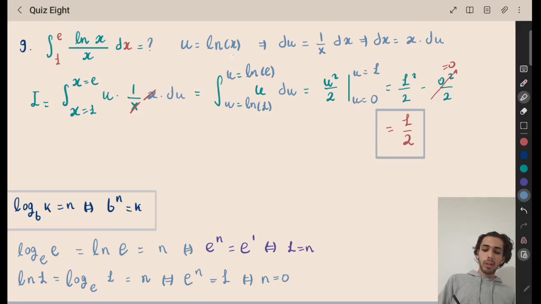Now we are lucky here with ln of x, its derivative is 1 over x and it's there in the integral. So we can proceed like this. And when we proceed like this, we're able to cancel out this x. We get a simpler integral, u squared over 2, from 0 to 1, 1 over 2.